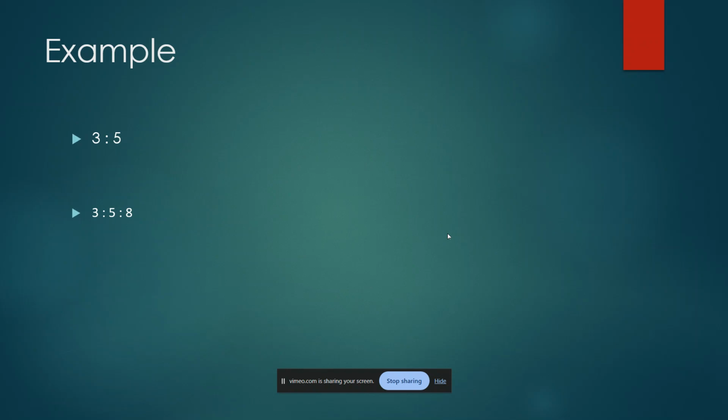In the second example, there are 3 people going to get a share. 3 plus 5 is 8. 8 plus 8 is 16. So there are a total of 16 items to be shared out. The person on the left is going to get 3 of those items. The person in the middle is going to get 5 of those items, and the person on the right is going to get 8 of those items.